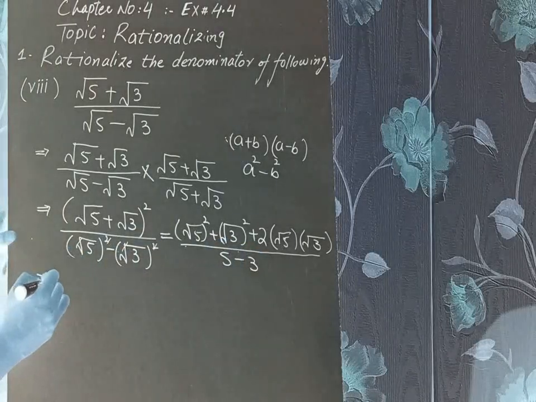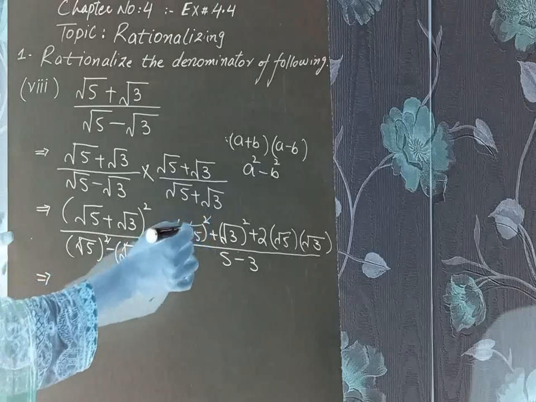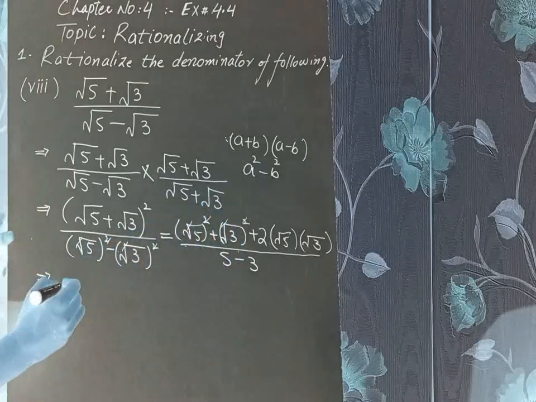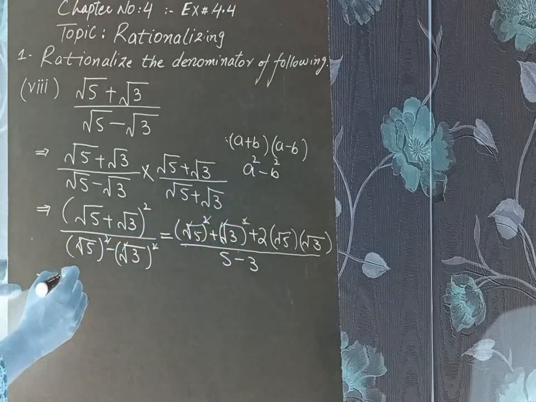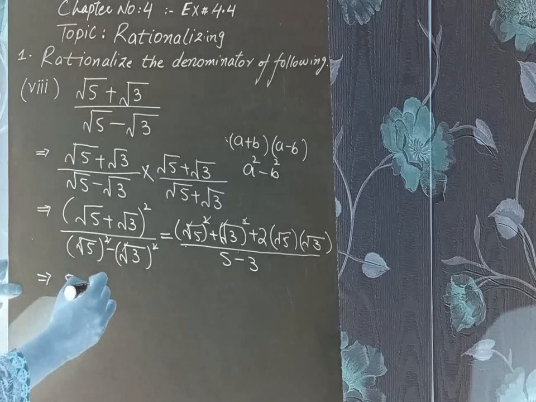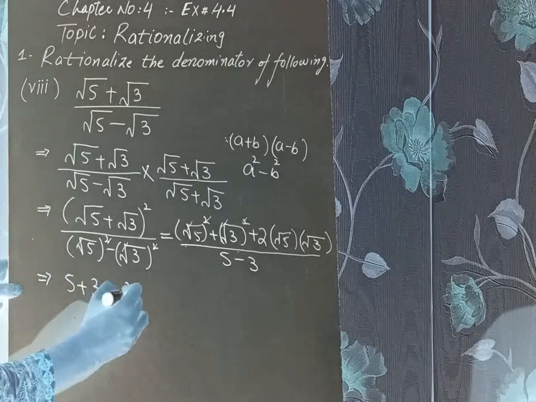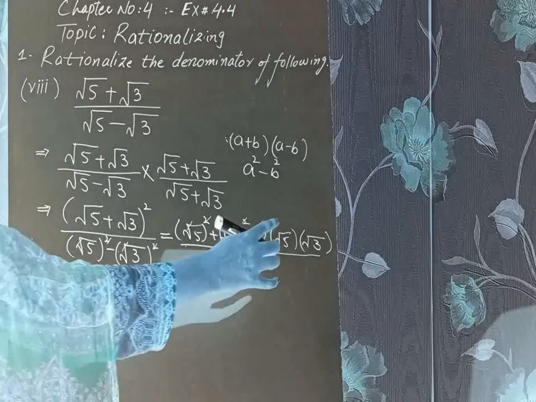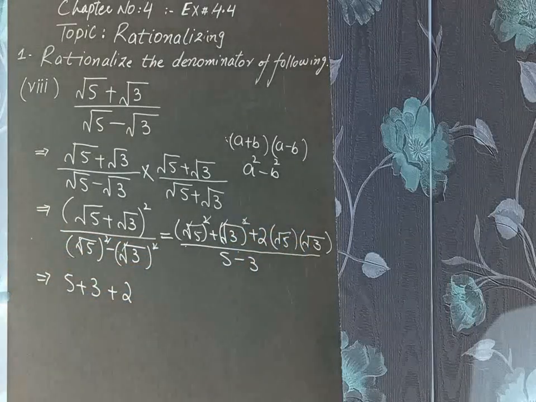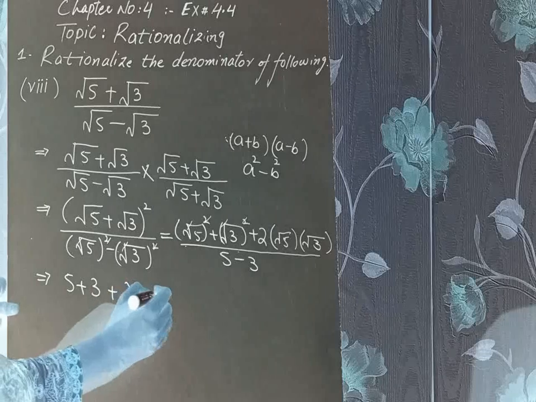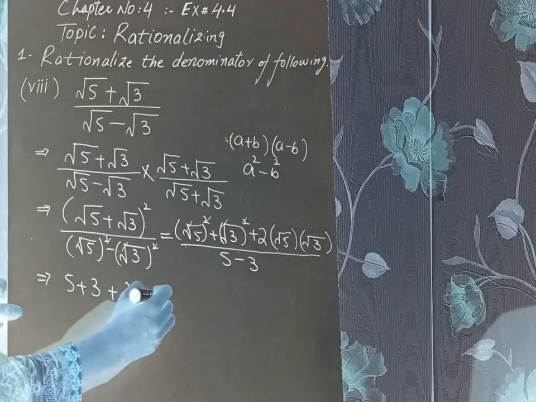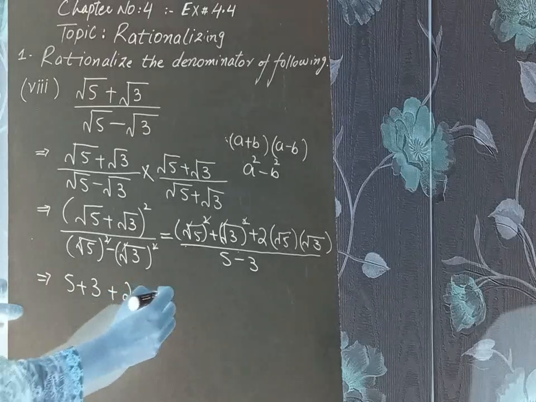Now in the next step, we will open this. The square and root are cancelled, 5 squared plus 3, they both are cancelled. So what is left? 5 plus 3 plus 2. As I told you before, if there are two surds and there is multiplication between them, we will simply multiply the radicands. 5 multiplied by 3 is 15.